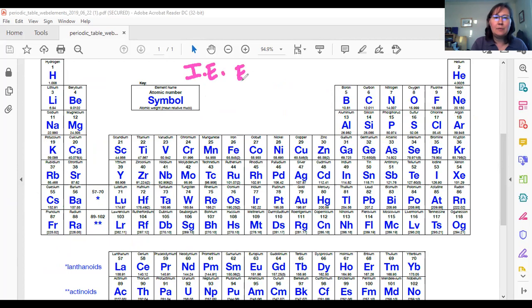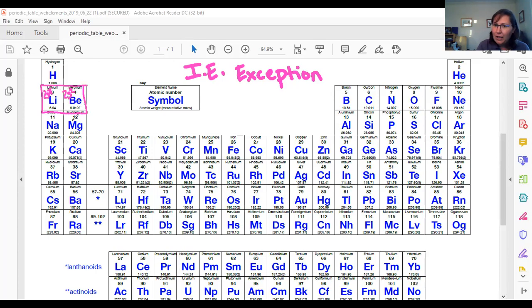IE exceptions. Okay, so where are those ionization energy exceptions? Well, they happen basically whenever we move into a new sublevel that makes it a little bit easier. So remember, lithium and beryllium, this is 2s1, 2s2.